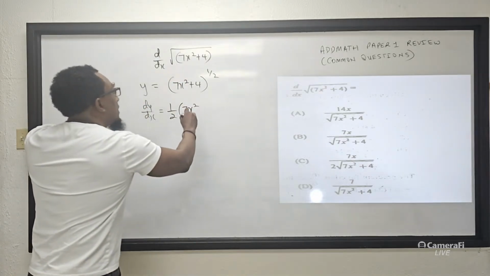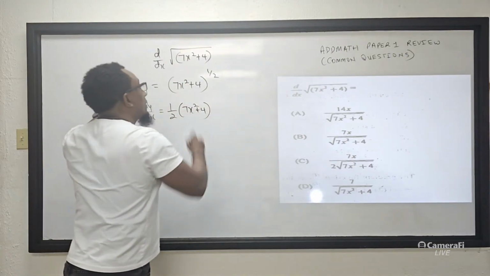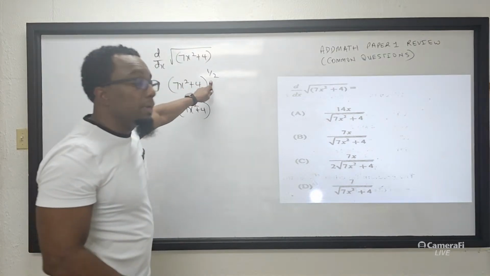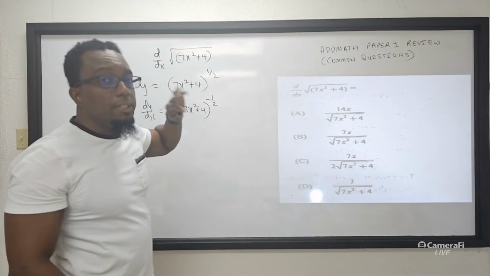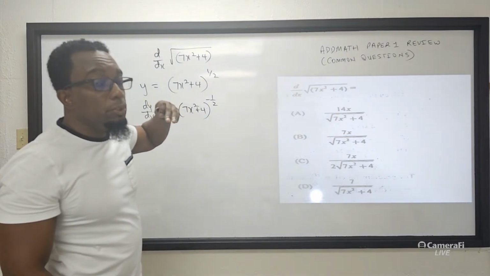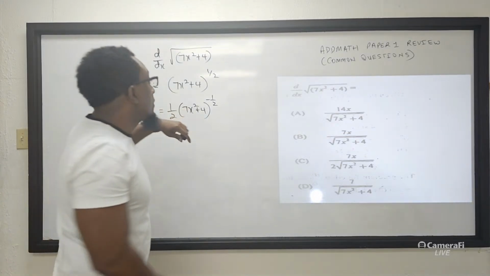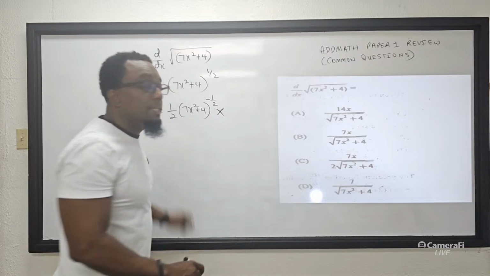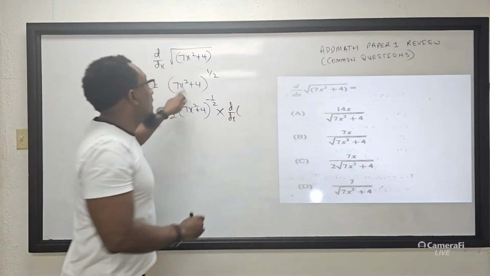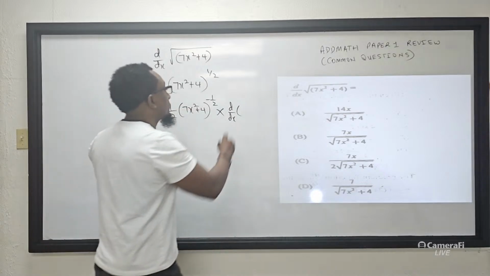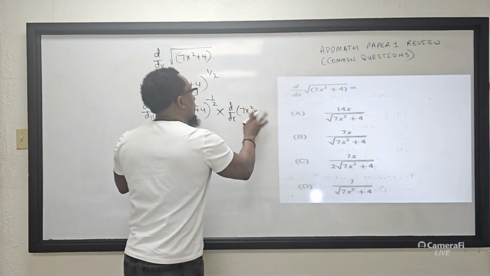I'm going to keep my 7x squared plus 4, and subtract 1 from the power to give me negative a half. But remember, when differentiating a composite function, you have to implement the chain rule. So I have to now multiply this by the differential of what I have inside the brackets.